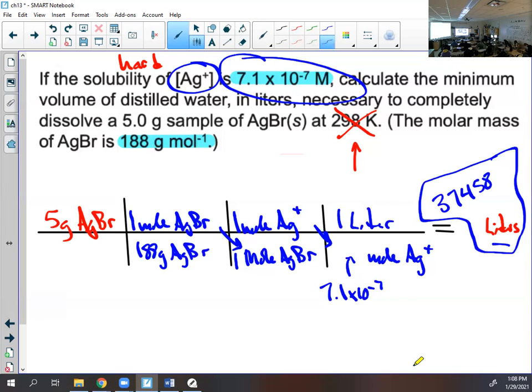Well, if you look at this molarity, it's crazy, crazy small, not gigantic, small. So if I have a little bit of grams, I'm going to have a really large volume because this is such a small number. Oh yeah, because there's so much of that. So 5 grams. Yep. Okay, my friends.